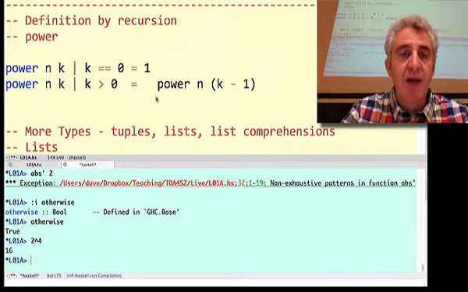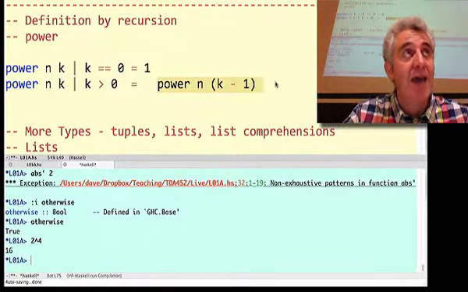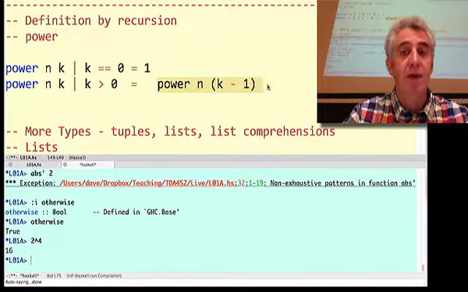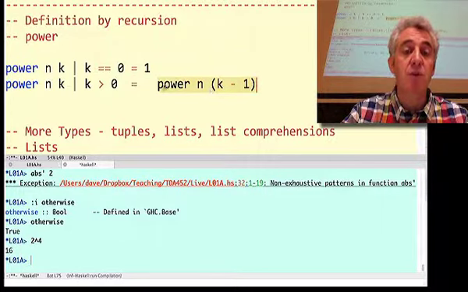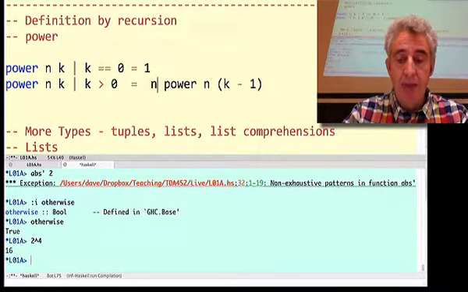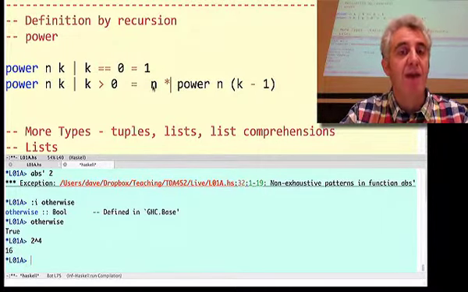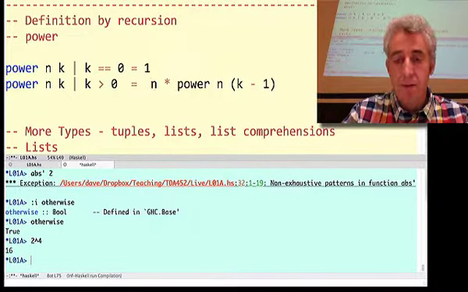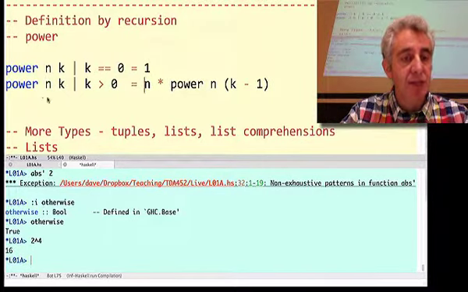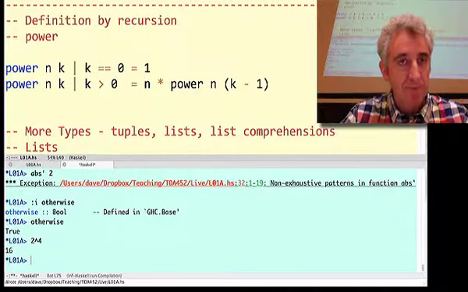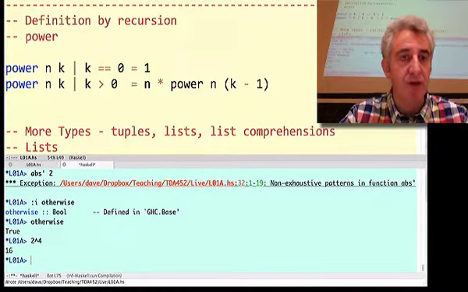So let's suppose I know how to compute n to the power k minus 1. How would I get n to the power k? What would I do with this to get n to the power k? You'd multiply it by n. One more copy of n. And there is my definition of the power function. Any observations about that power function?